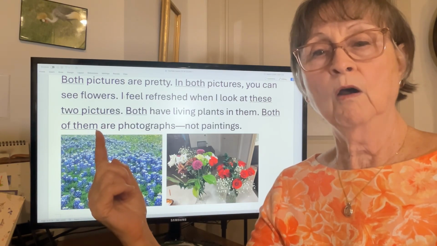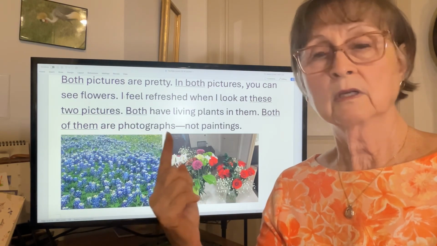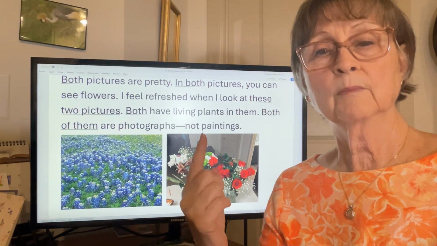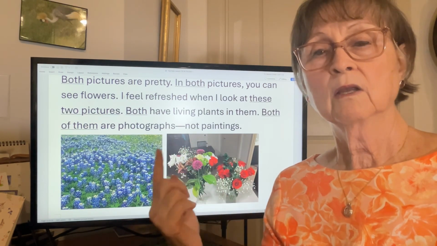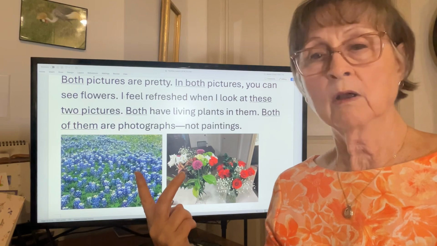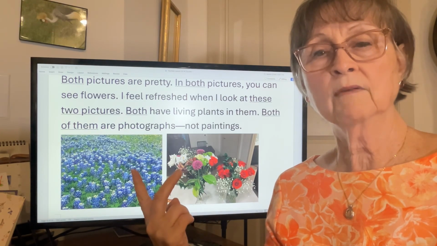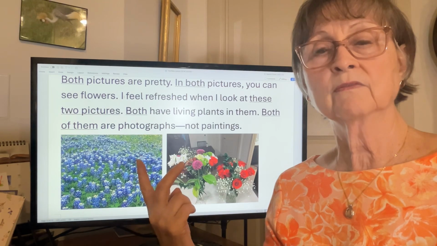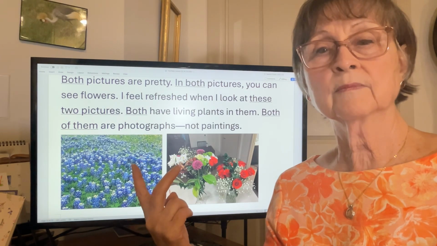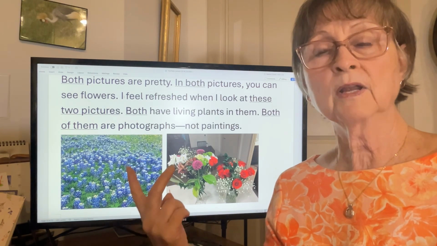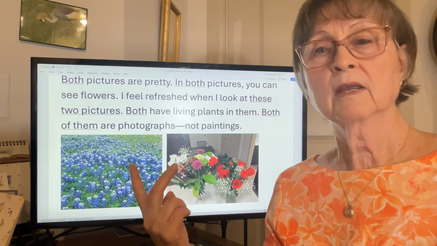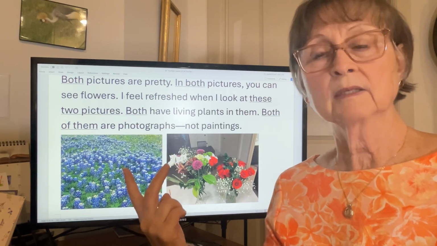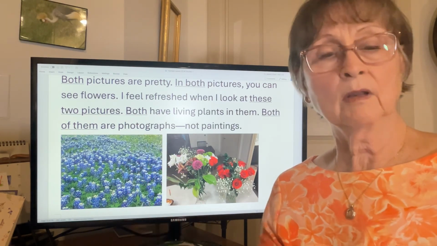Both of them are photographs, not paintings. They both have living things in them. I can see flowers in both of them, and I feel refreshed when I look at them. They are both pretty. So these are some ways they are alike.